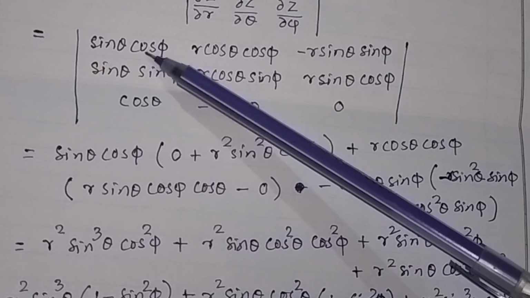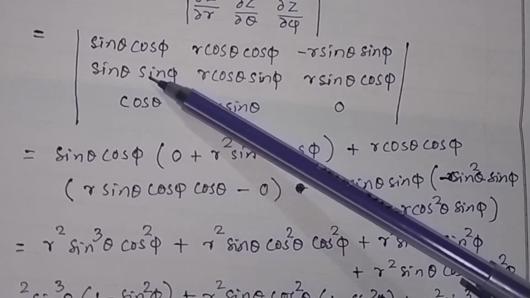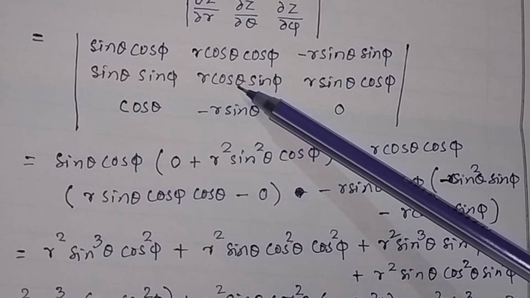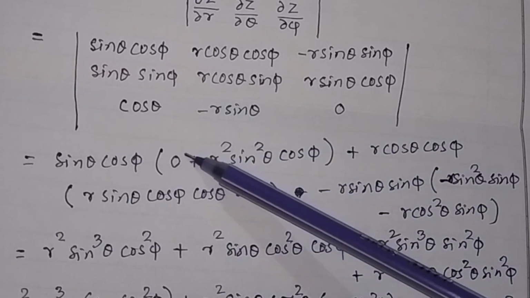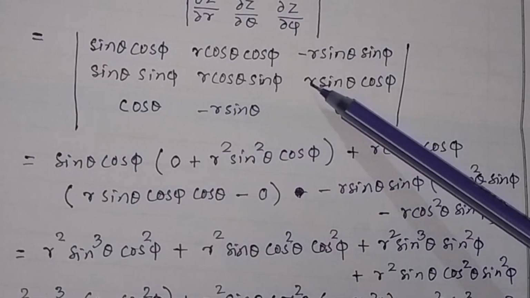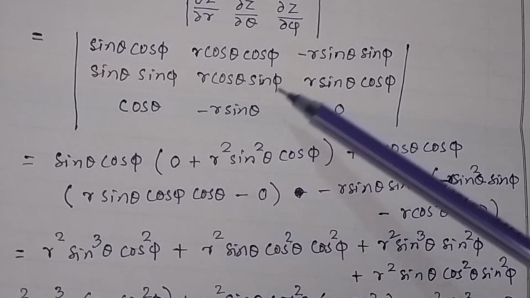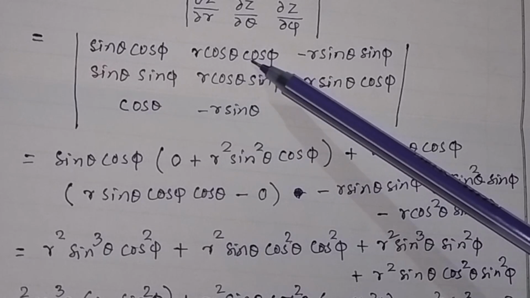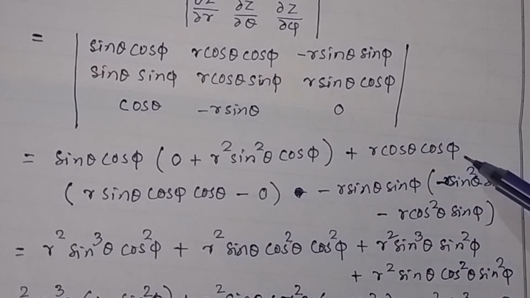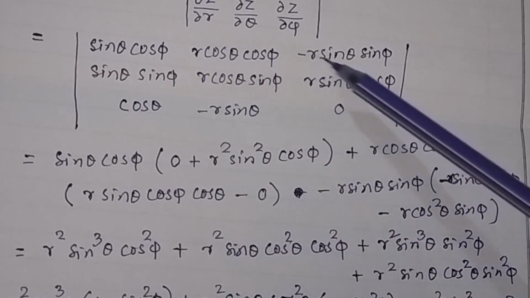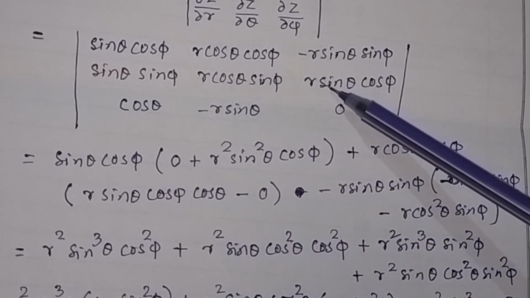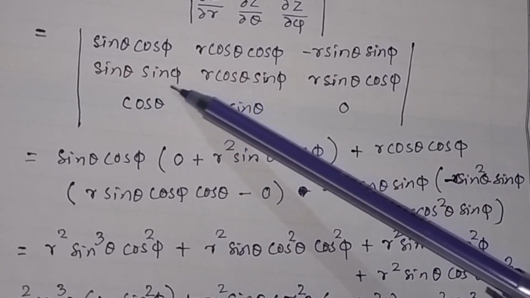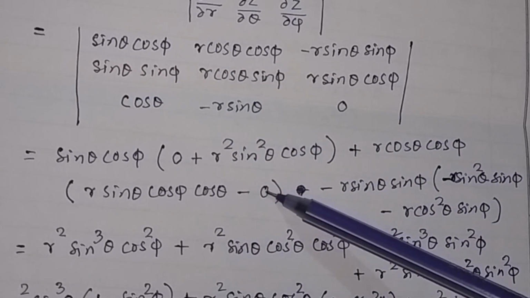To find the determinant, first for sin theta cos phi, you leave its column and row, and multiply r cos theta sin phi with 0, which is equal to 0, minus, again a minus, r sin theta into r sin theta cos phi, that is equal to r square sin square theta cos phi, plus for the next term, r cos theta cos phi multiplied by, leaving its column and row, cos theta into r sin theta cos phi, so r sin theta cos phi cos theta, minus sin theta sin phi multiplied with 0, that will be equal to minus 0.